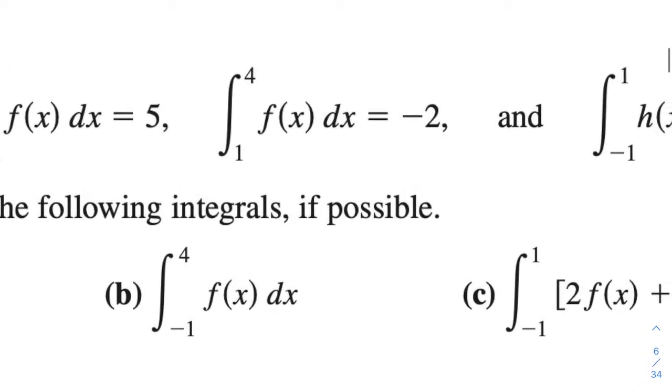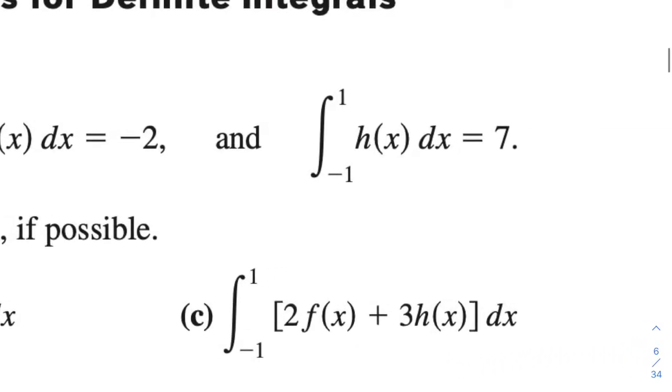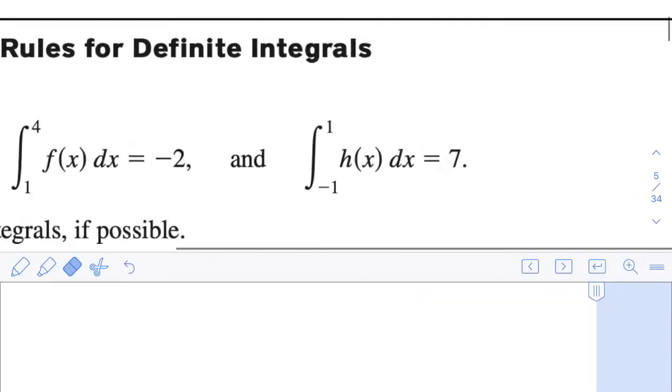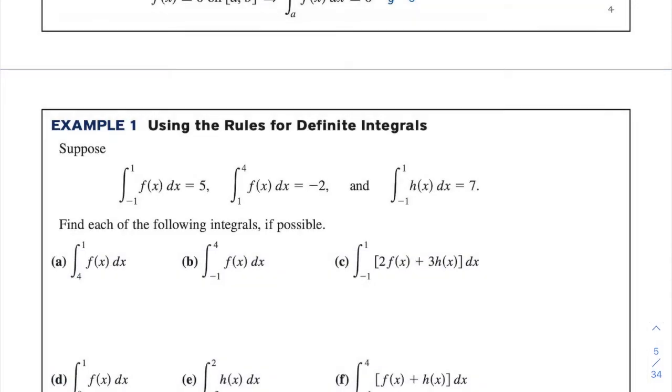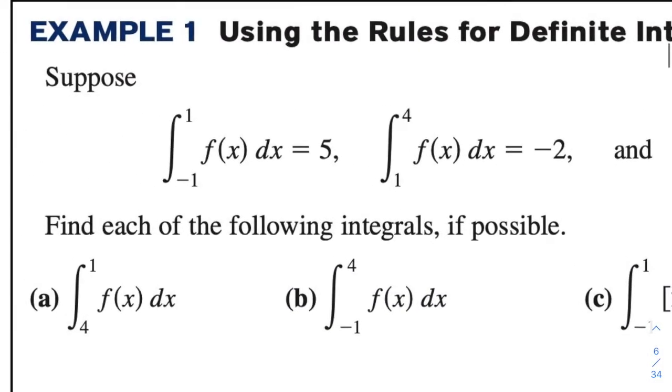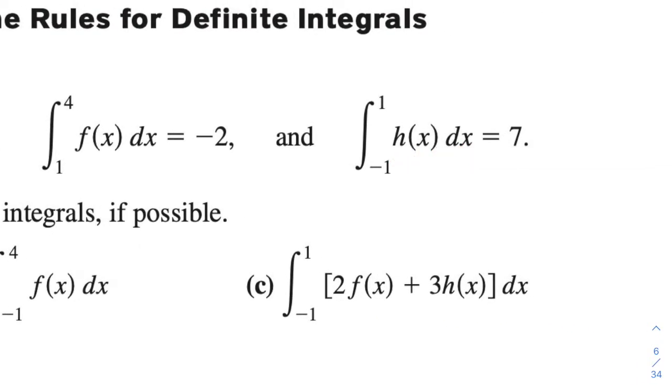What we know is that from 1 to 4, the area of that same function is -2. And what's happening from -1 to 1 of that function, oh no, this is a different one. Take a look. These are both f of x. This one is h of x. So this one's totally separate. What's happening for that function is an output of 7.